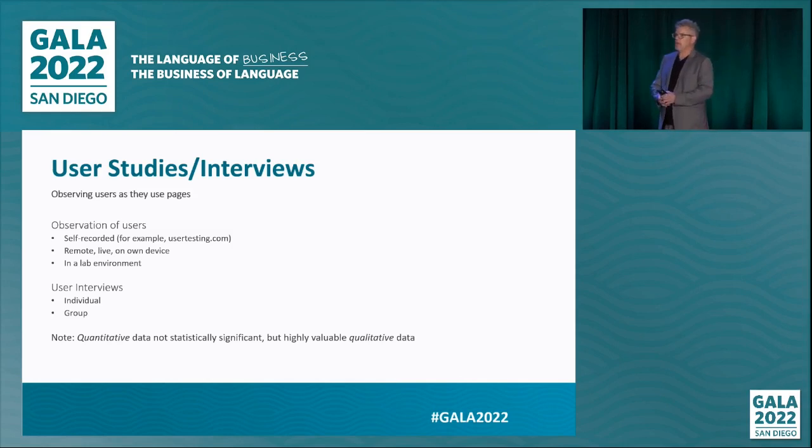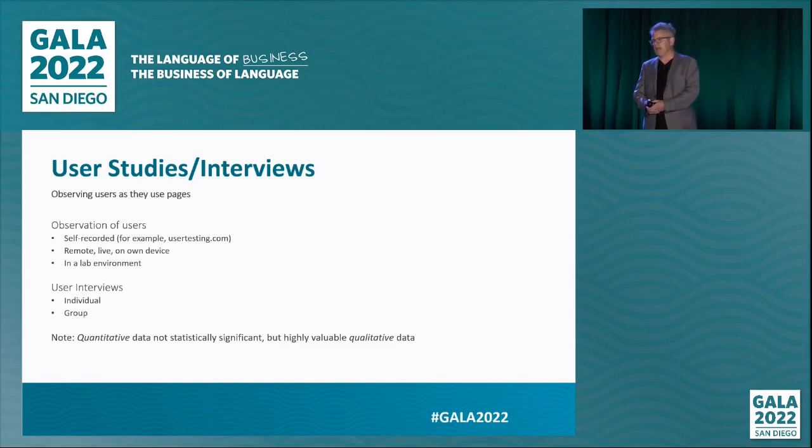So something where you might not get a whole lot of quantitative data, but where you get really valuable qualitative data around web pages is user studies and interviews. And the difference can sometimes be blurred.